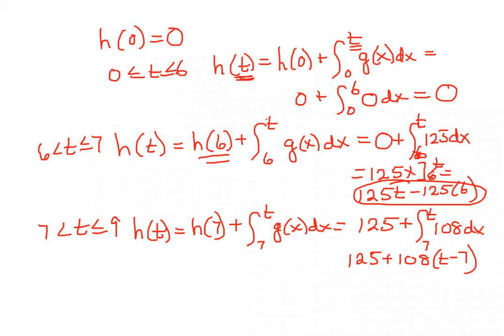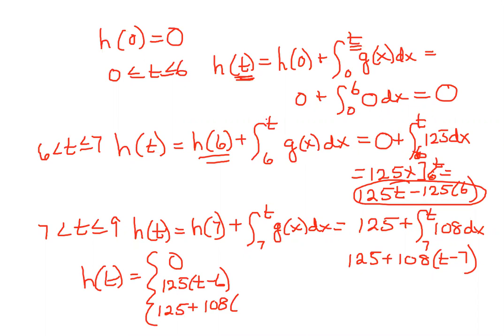So if you were going to write the piecewise function, it would be 0, 125 times t minus 6, and 125 plus 108 times t minus 7 for these different values of t. Okay, and that would be your answer.